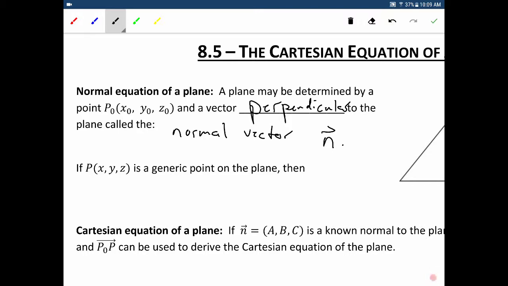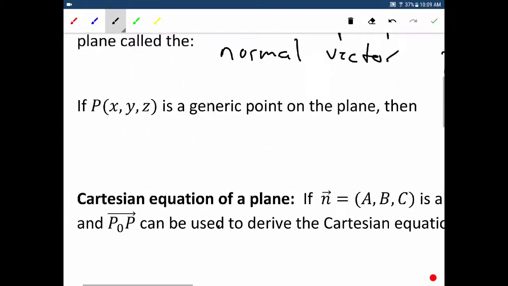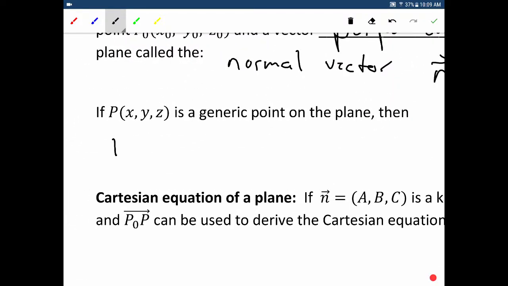It'll be fine. So if P(x, y, z) is a generic point on the plane, then the vector we create from the point that's given on the plane to that generic point is perpendicular to n. So any vector created in this plane is perpendicular to n.